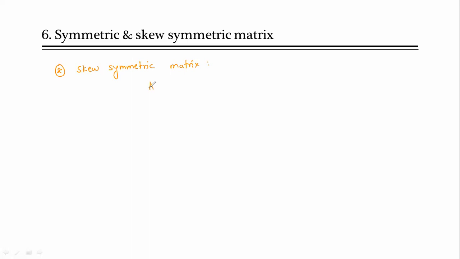A is called a skew symmetric matrix if A transpose is equal to minus A, or if Aij is equal to minus Aji. These are the definitions.